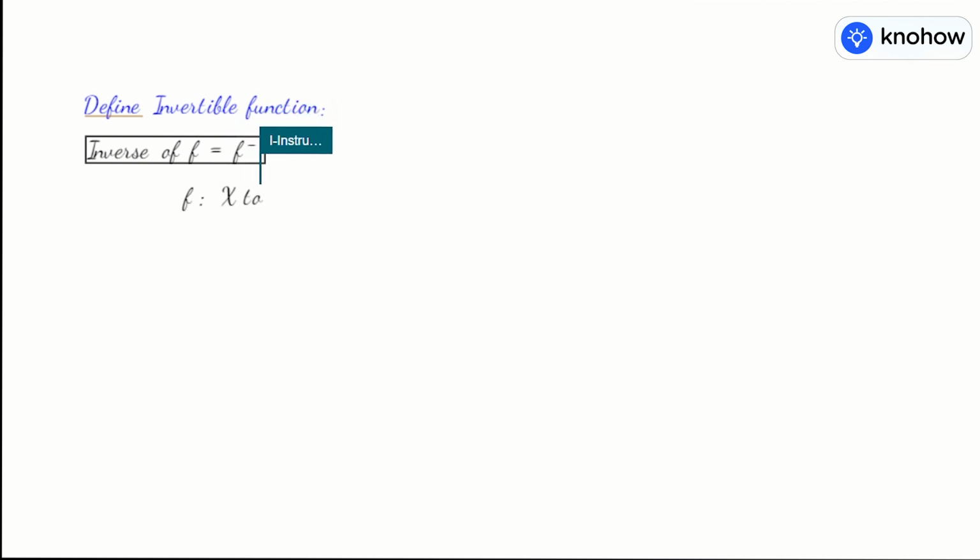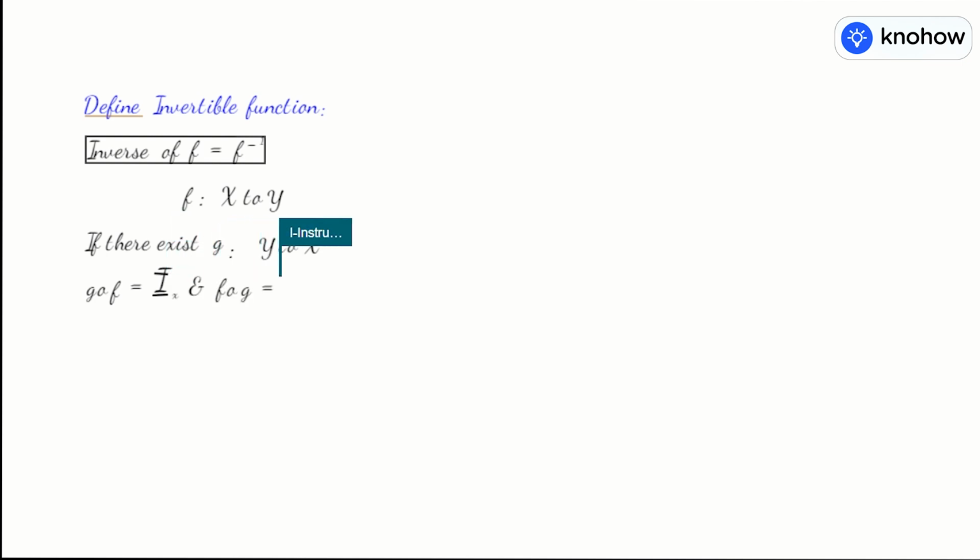Given a function f from x to y, it is said to be invertible if there exists another function g from y to x such that GOF is Ix and FOG is Iy. Then the function g is said to be the inverse of f, denoted by f inverse.